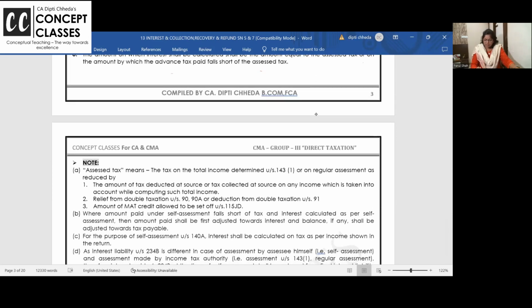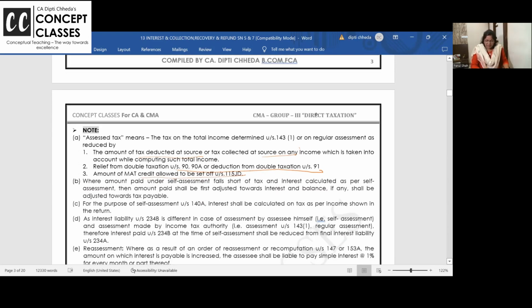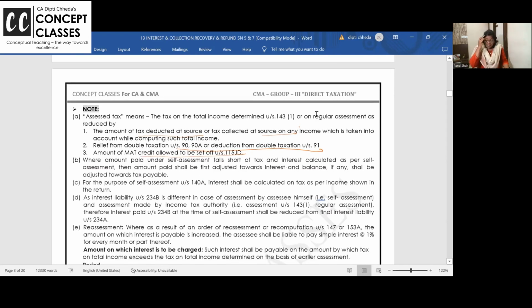Assessed tax is total tax minus the TDS, TCS, and any relief, like salary relief and bilateral relief, and MAT credit. All of that you set off, and after that, the amount paid under self-assessment tax. If there is a shortfall, interest will be calculated. Interest under 234C is different in case of assessment by the assessee himself and assessment made by the income tax authority.